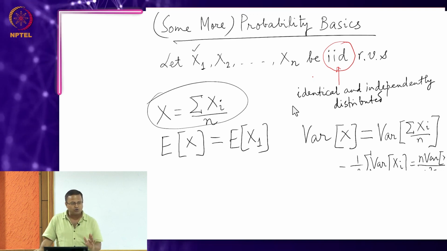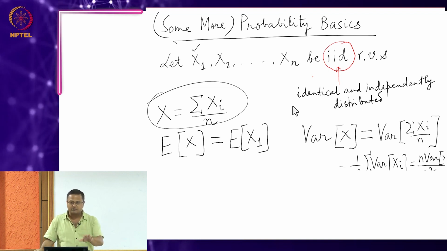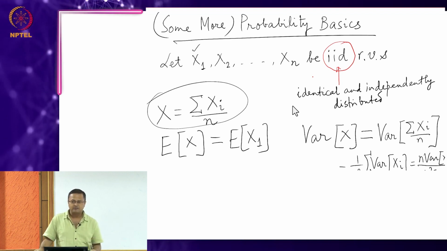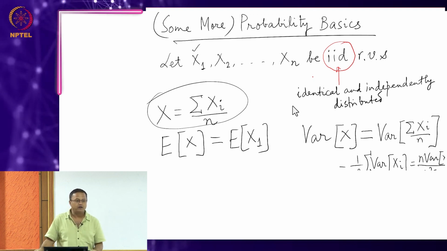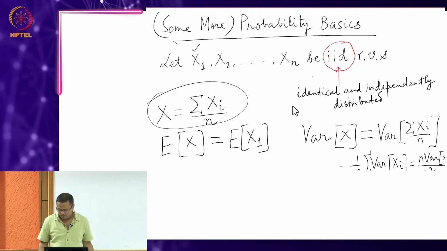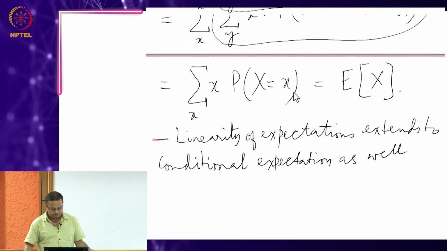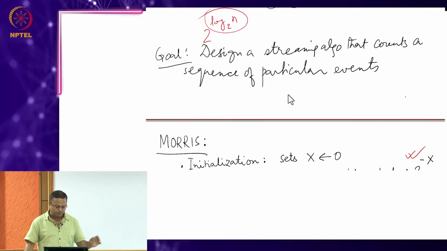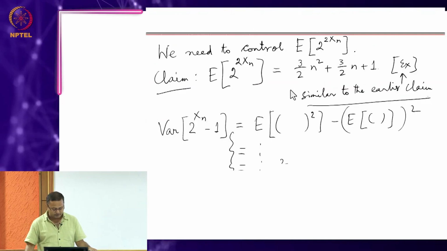By now you are sure that for IID random variables, this theory helps us in pushing down the variance. But this trick of taking medians over Morris plus, the structure of the algorithm is now as follows. I will do the messy calculations tomorrow, but I will just try to give you this idea.